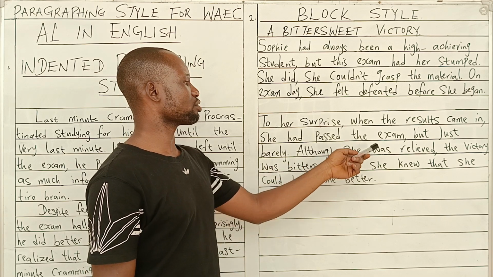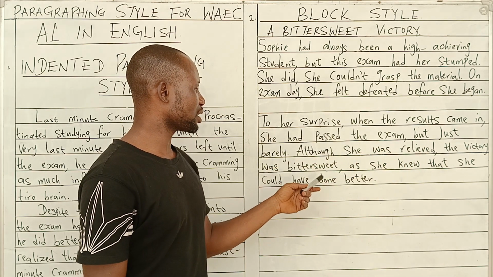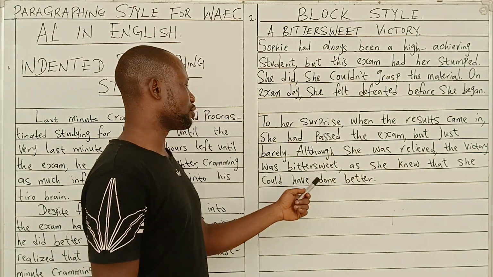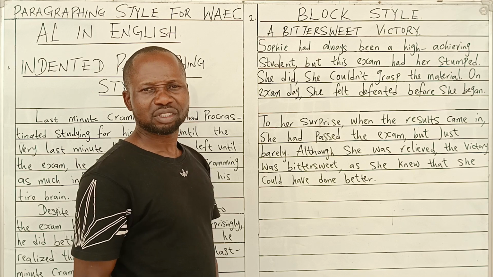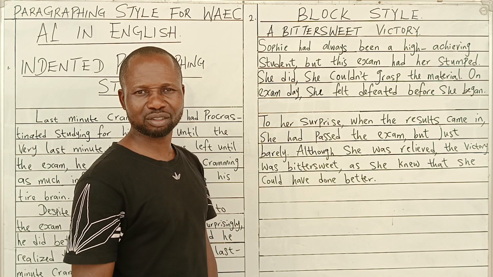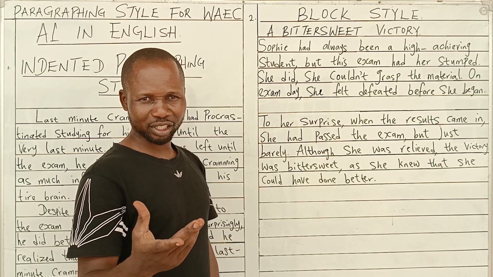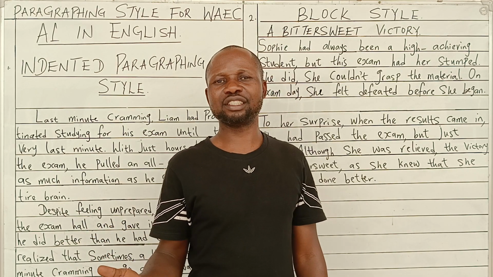Although she was relieved, the victory was bittersweet, as she knew that she could have done better. See, a bittersweet victory. Actually, Sophie passed the examination, but the passing was not good enough. So I expect you to get A1 in your WAEC because A1 starts from 70.